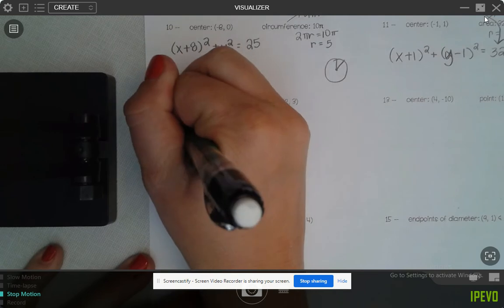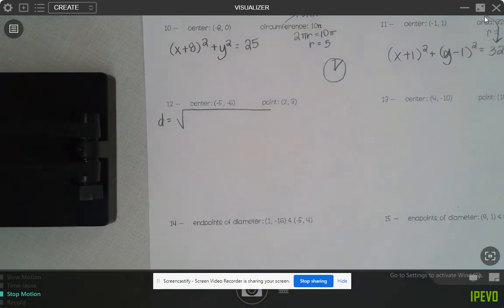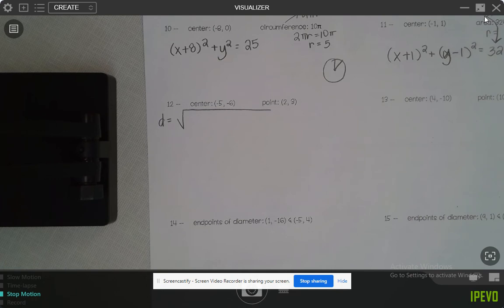What is the distance formula? Because you have to find your radius. What's the distance formula?